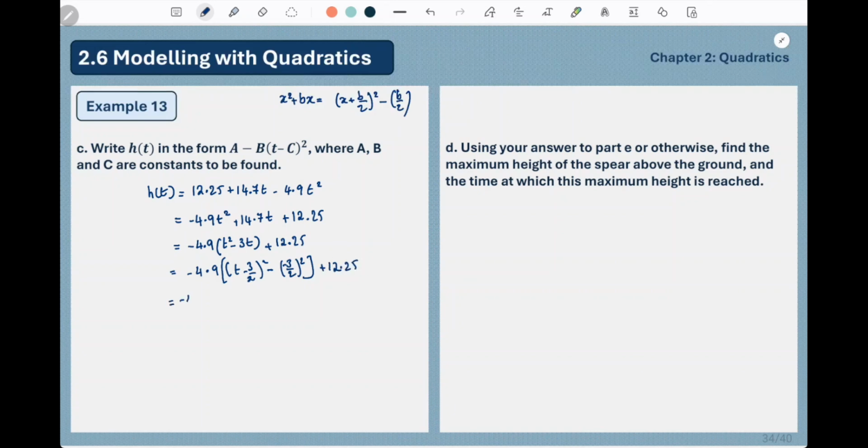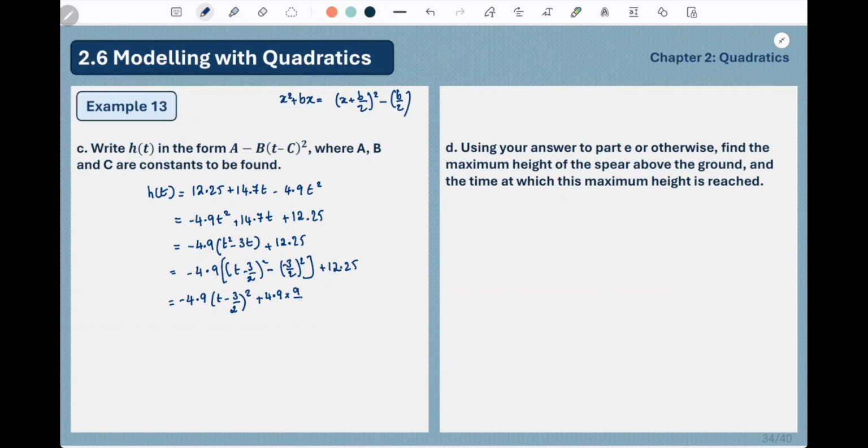So now I'm going to expand these two. Minus 4.9 times (t minus 3 over 2) squared. And all that is left now is just to compute. So minus 4.9 times minus 9 over 4, because minus times minus is going to be plus.